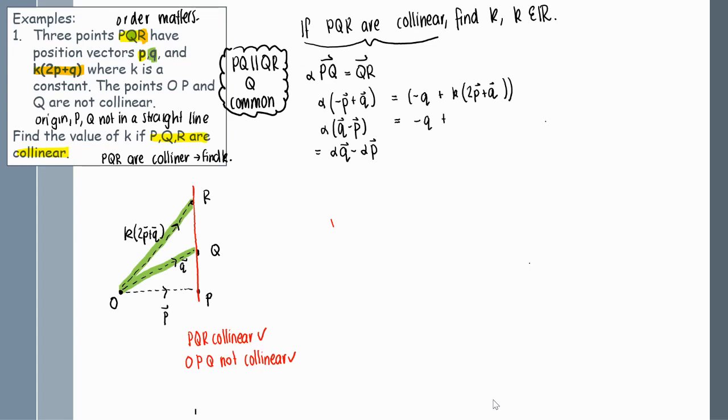Again, we can expand and simplify. So we'll have minus q plus 2kp plus kq, where k is the constant we're trying to find.